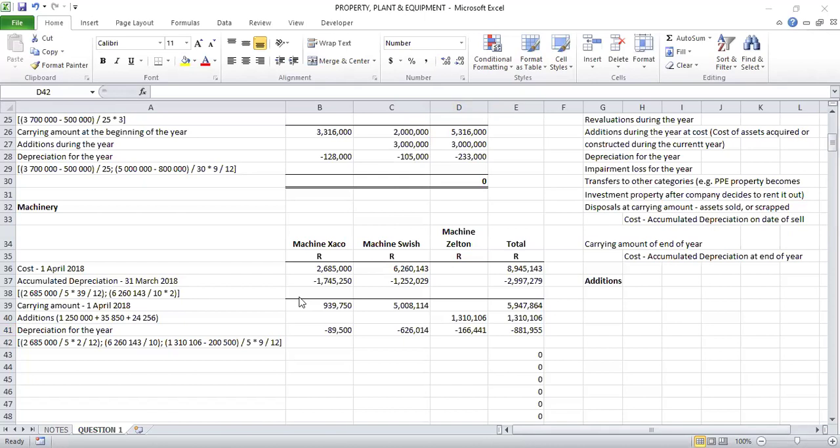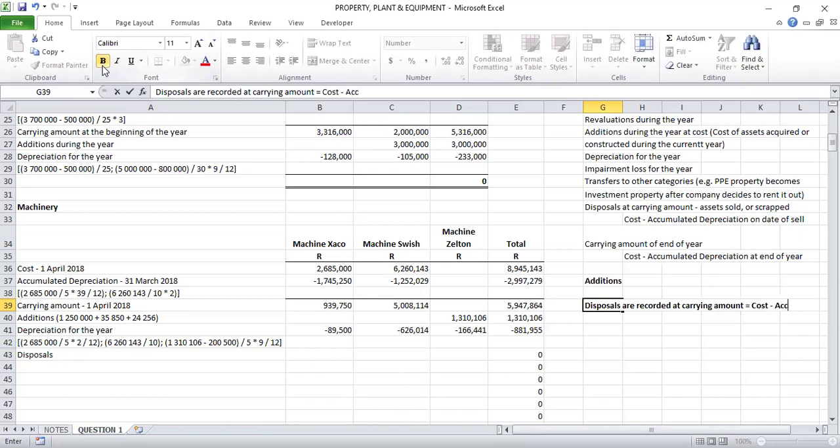Then we have disposals. Disposals are recorded at carrying amount, which is equal to cost minus accumulated depreciation. So our disposal here, remember Machine Shaku was exchanged.